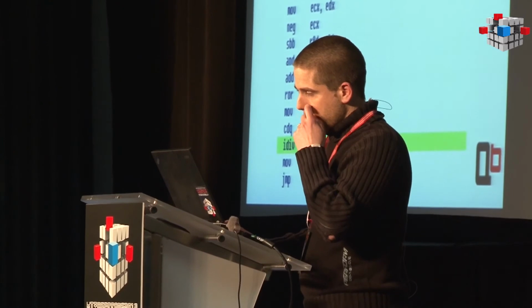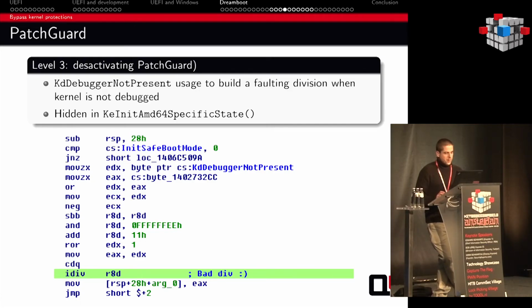So now I've looked for PatchGuard and a way to deactivate it. It's quite easy to find the function which initializes PatchGuard. In fact, if you have the official debug symbols, PatchGuard could be found under the KiInitAMD64 specific state.